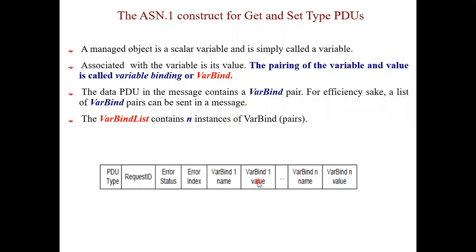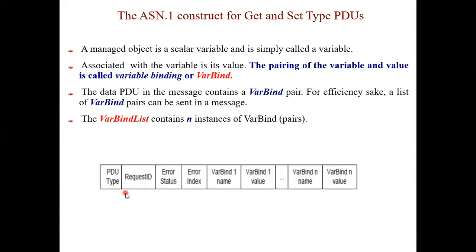So for example, here we have n instances of varbind pair. So it's not necessary that हर अलग अलग variable and its value के लिए I generate a different PDU or different message. Okay, I can have many variables, along with their names and values, in one message.